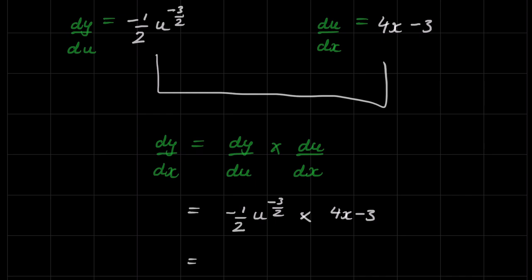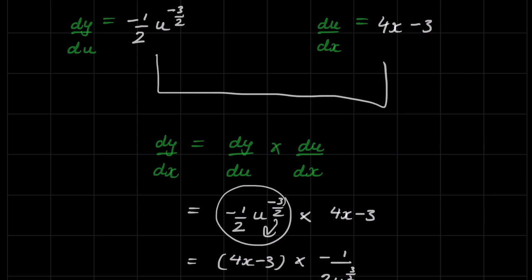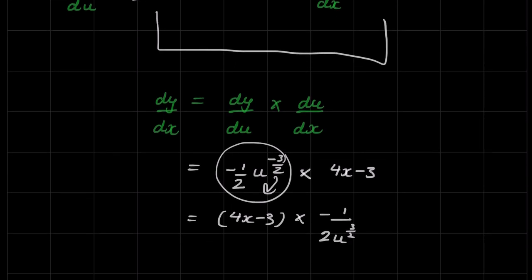Okay? And the next step we can do here, I'll just write it around slightly the other way. We can write 4x minus 3 multiplied by minus 1 over 2 u to the power of 3 over 2. So what we've done is we've simplified this one a little bit. We've brought this minus 3 over 2 to the bottom, so it's a power of 3 over 2.